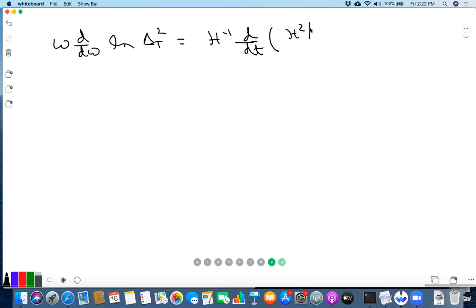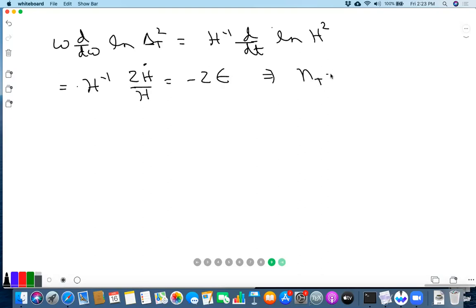Again the constant part I'm ignoring. Sorry, log h square. So that's h inverse times 2 h dot over h. So that's minus 2 epsilon. So this gives the Nt equal to minus 2 epsilon star.